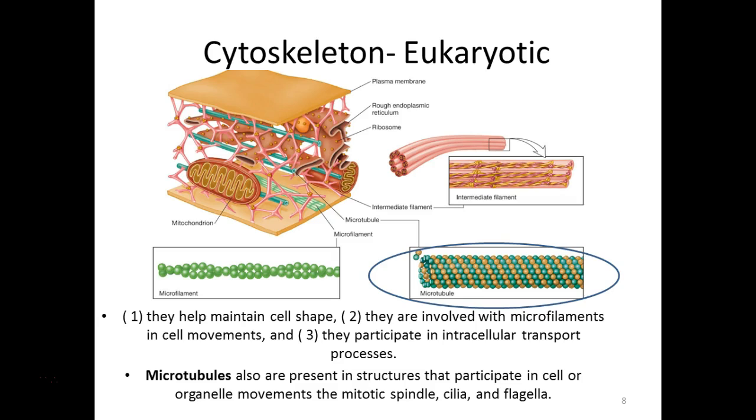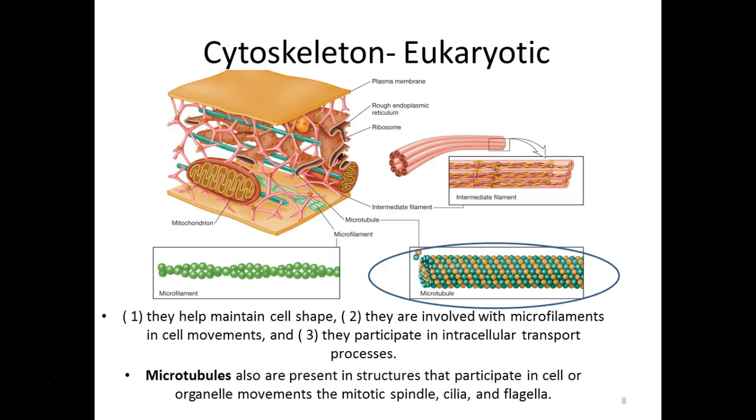And again, intracellularly, they're going to help move things around within the cells. And so a specialized microtubule is referred to as the mitotic spindle. Right? This attaches to the section in the chromosome, that middle section, and to the poles of the cells and helps pull apart those chromosomes from one side to the other when eukaryotic cells are dividing.